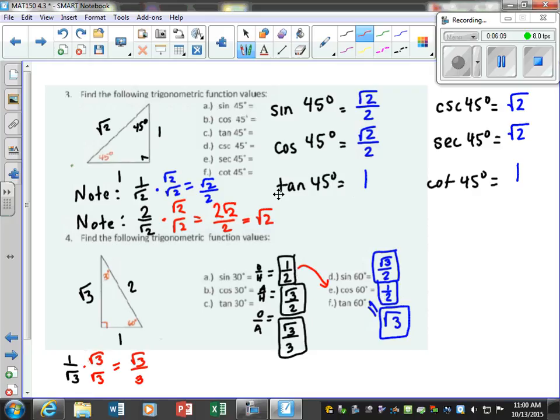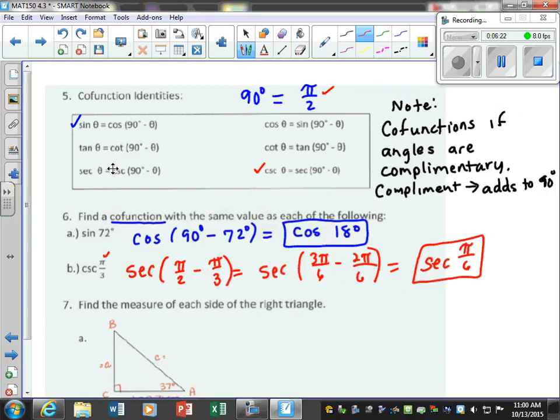And then cosine and sine, these two right here, cosine of 30 and the sine of 60 are going to be equivalent as well, and we can see that over here. Okay, so that's another example that you can see in the previous one.